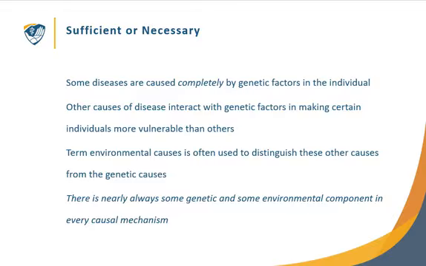Other causes of disease interact with genetic factors in making certain individuals more vulnerable than others. The term environmental causes is often used to distinguish these other causes from the genetic causes. There is nearly always, though, some genetic and some environmental component in every causal mechanism.